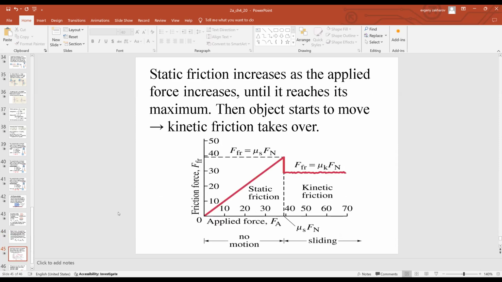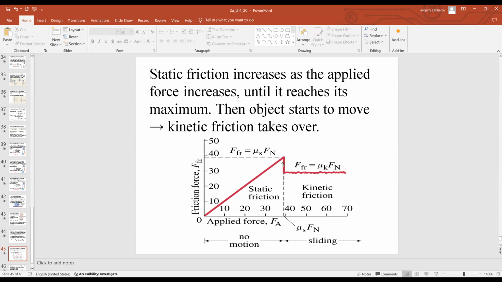You can see the diagram that shows you how it's static, static, static, static, then boom, it's kinetic. So for static friction, you have a change in values, and once you hit motion, let's say you want to push a very heavy table. You push, and the table doesn't move. And then you just keep pushing stronger and stronger, more and more force, and eventually you're going to push the table and it will start moving.